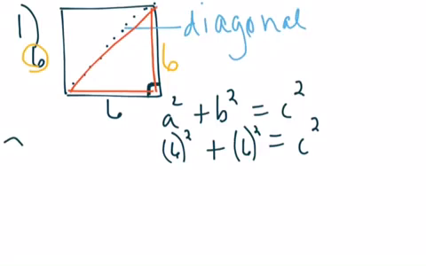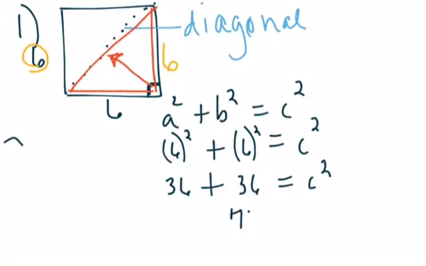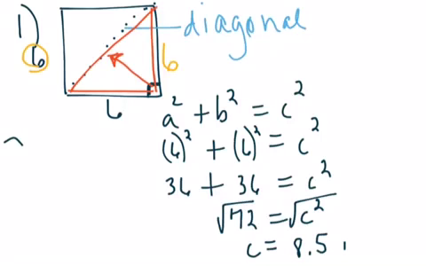Because c is opposite the right angle and it's the longest side. 6 squared is 36 plus 36 equals c squared. So 72 equals c squared. To undo a square, you have to do the square root. So c equals 8.5 inches because the instructions were to round to the nearest tenth.